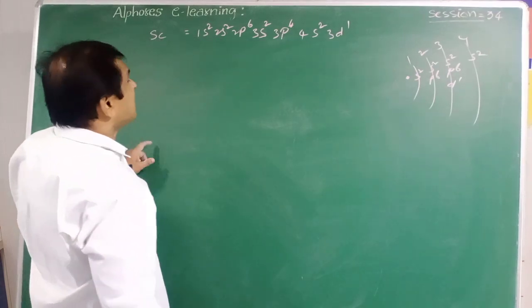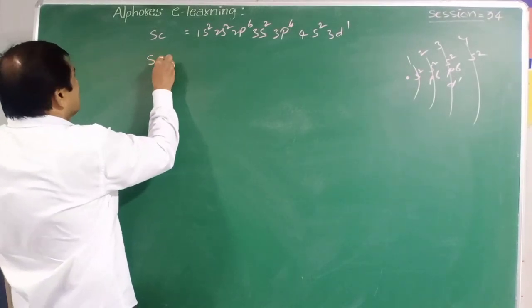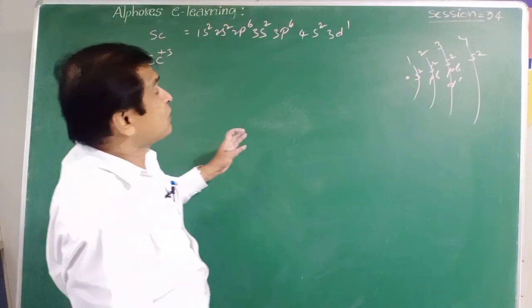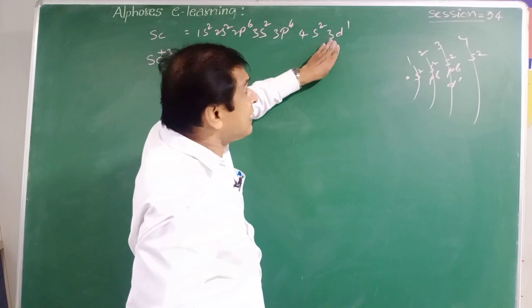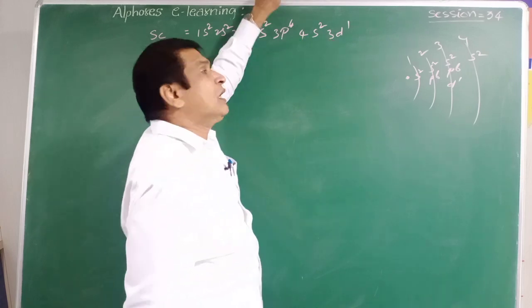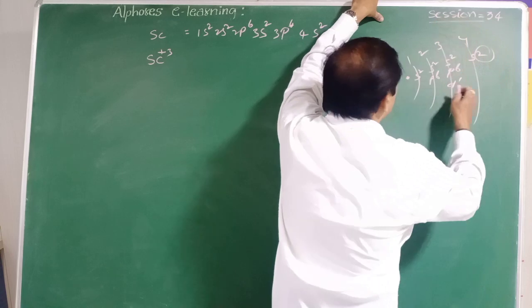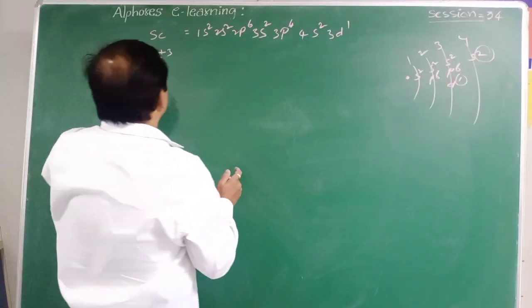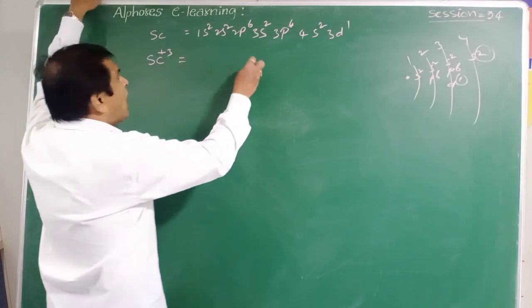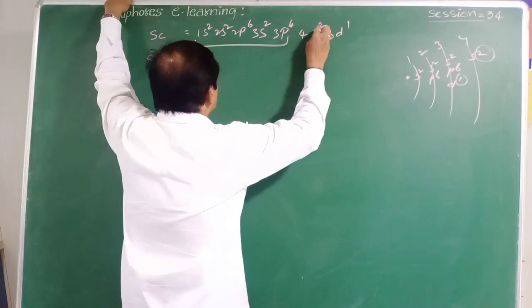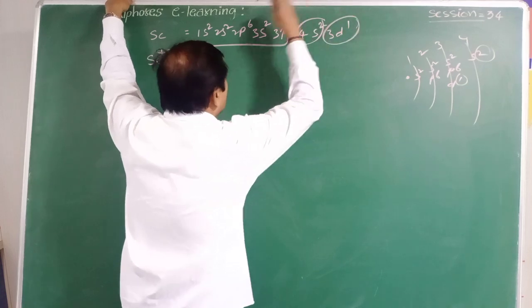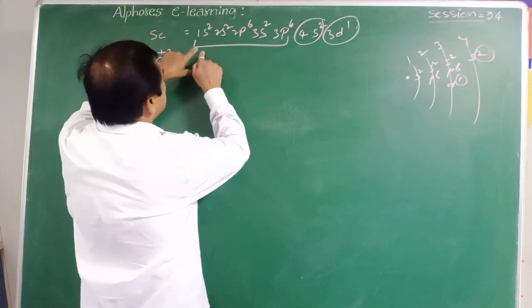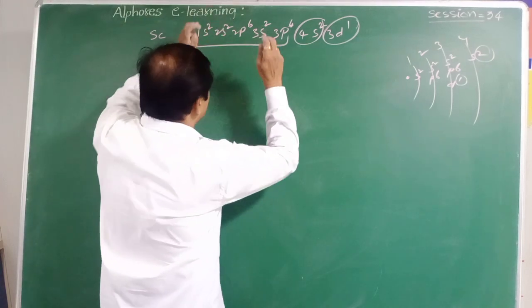Scandium plus 3 means this scandium atom is losing 3 electrons. Which electrons will be lost? Not immediately from the 3d orbital. First it loses 2 electrons from the 4s orbital, then 1 electron from the 3d orbital. So all the electrons from the valence shell are lost, leaving 1s2, 2s2, 2p6, 3s2, 3p6.